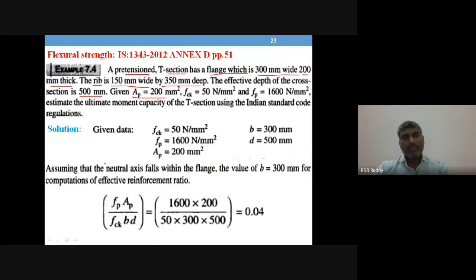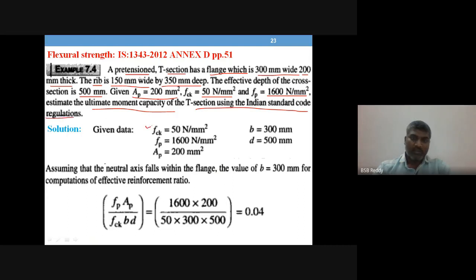And AP, the area of pre-stressing steel, is 200 square mm. M50 grade of concrete is used. And again, FP is 1600 Newton per square mm, which is the characteristic strength of steel. Estimate the ultimate moment capacity of the T section using Indian Standard Code regulations.